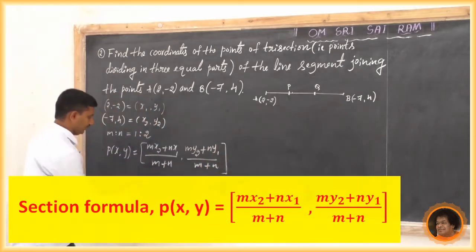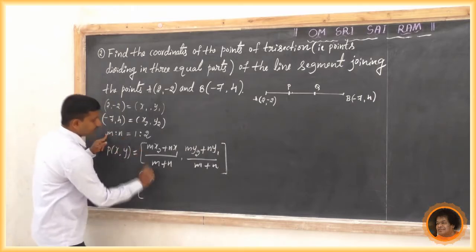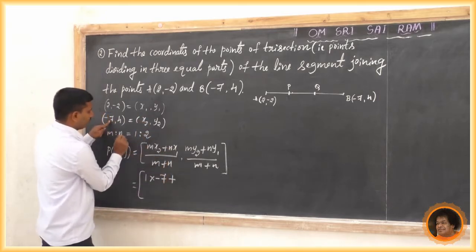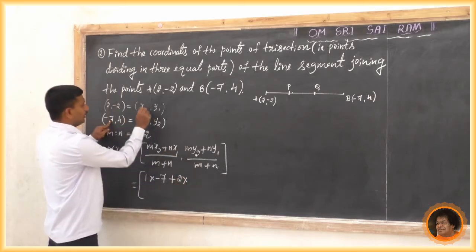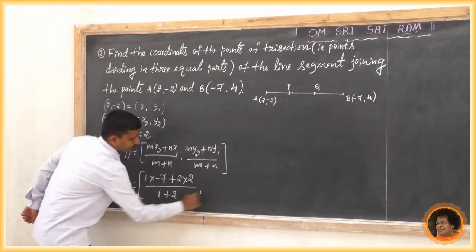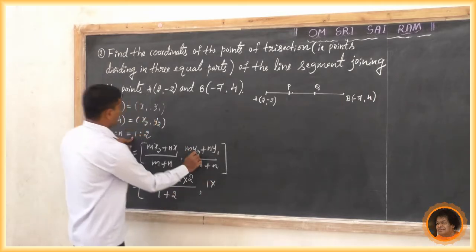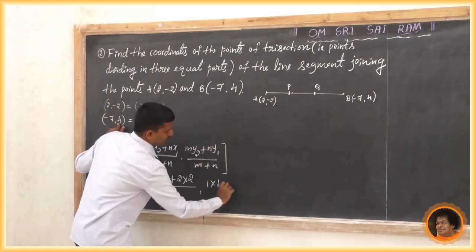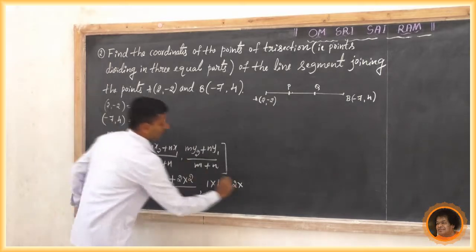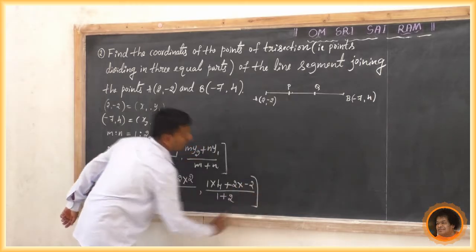Now substitute the values. mx2 + nx1: here the m value is 1 into x2, so the x2 value is -7, plus the n value, which is 2, into x1, so the x1 value 2, divided by m + n, 1 + 2, comma, my2 + ny1. So the m value 1 into y2, so the y2 value 4, plus the n value 2 into y1, so y1 is -2, divided by m + n, 1 + 2.